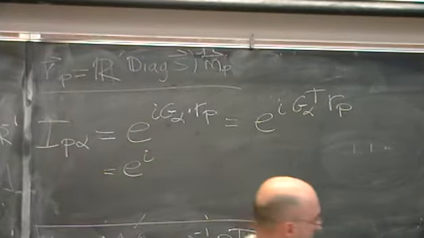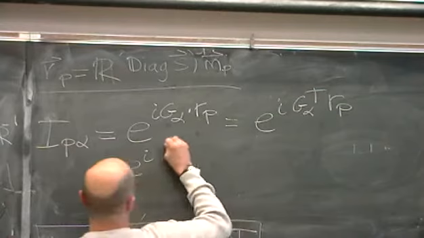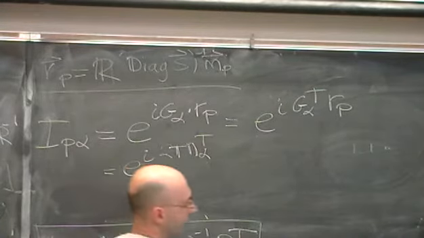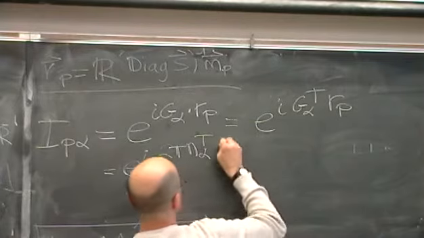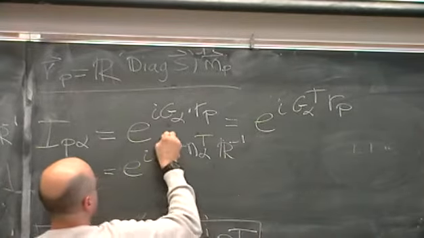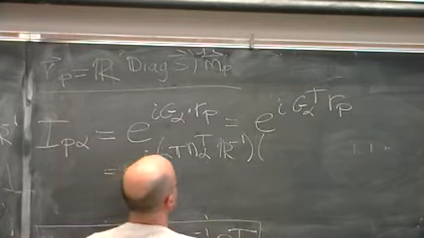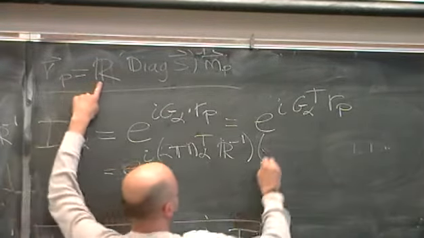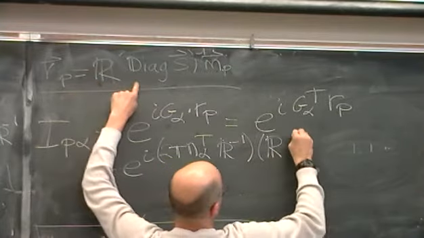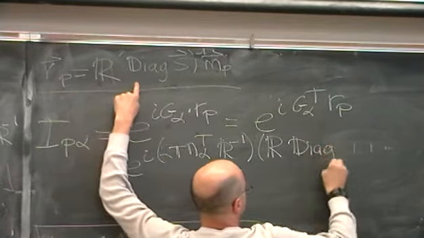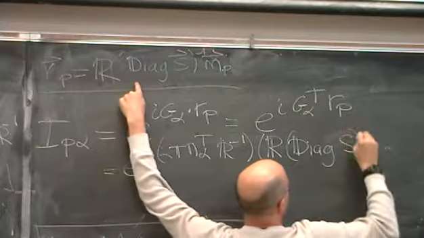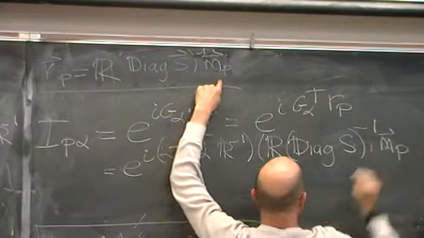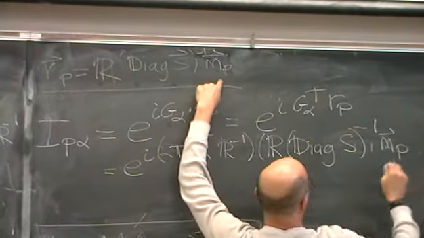G alpha transpose is sitting here. That's 2 pi N alpha transpose times R inverse. That's G alpha. And RP is this guy, R times diag of S inverse times MP. Good. Right.